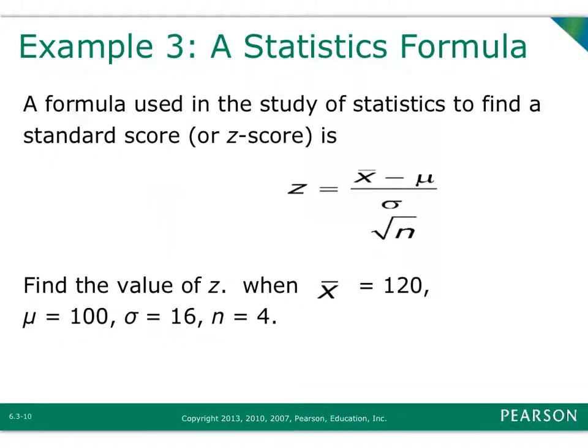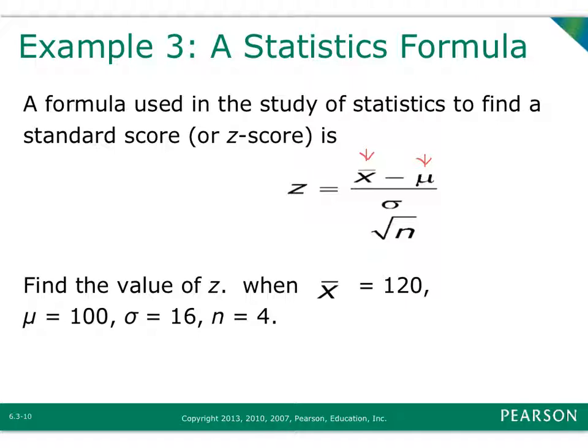One such idea is a formula used in the study of statistics to find the standard score, or z-score. The z-score is used to measure the distance a value of the sample mean is from the actual population mean.